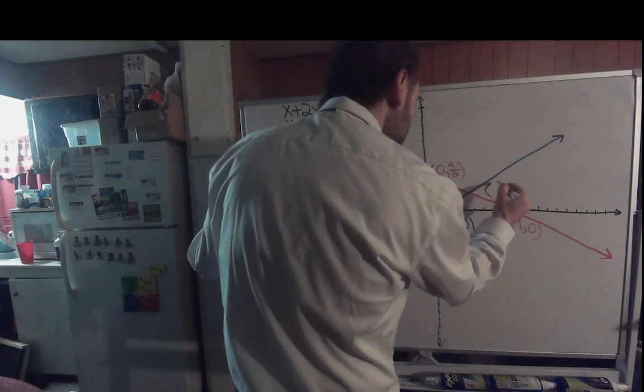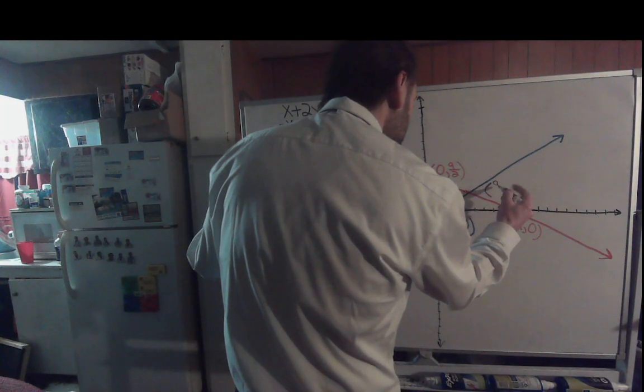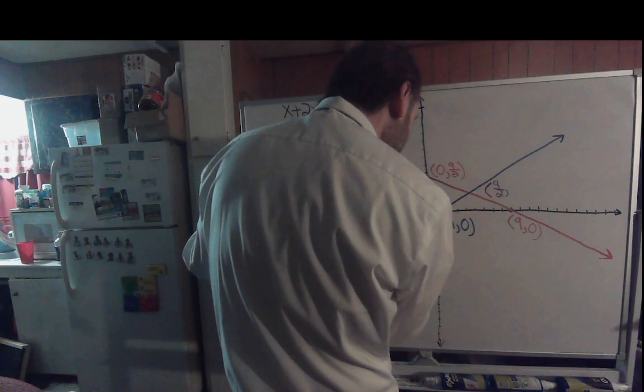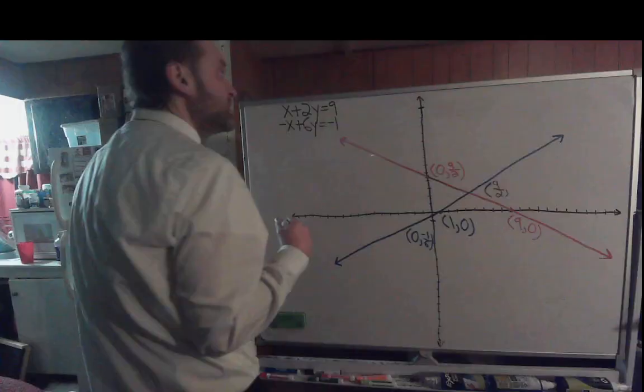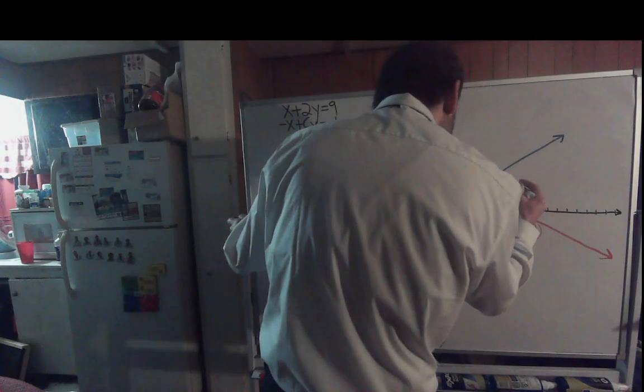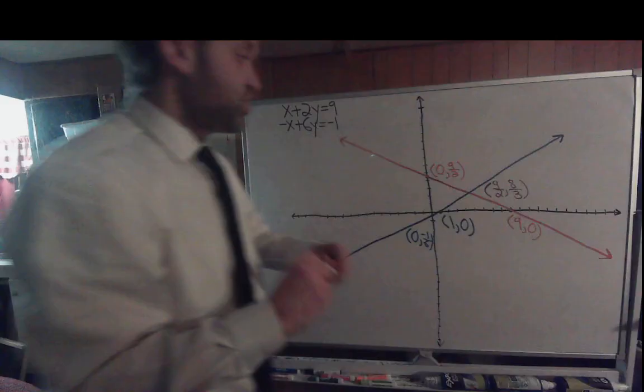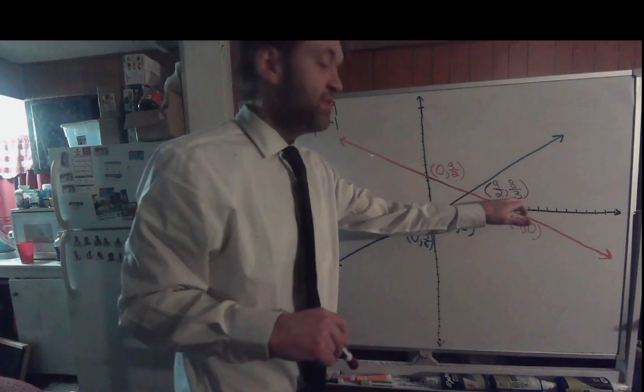So it almost looks to be nine halves, which would be 4.5. What's 2 2/3? That'd be 8/3. It looks to be roughly that your point of intersection of the two lines would be at 9 halves, 8/3.